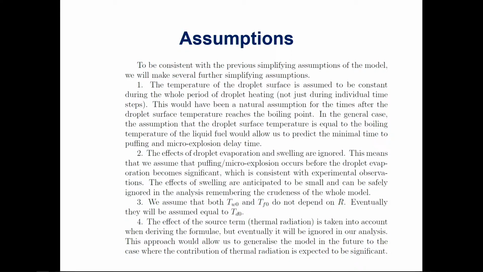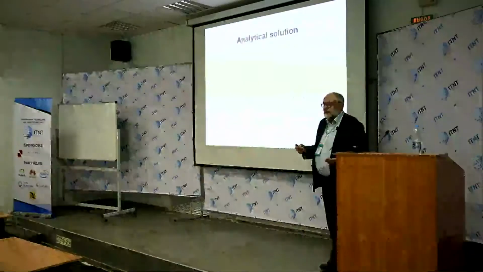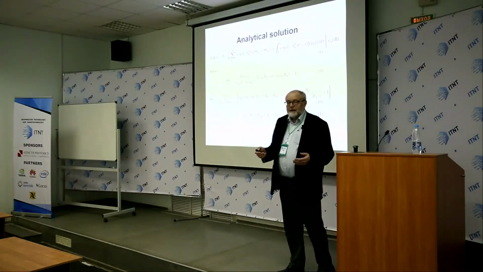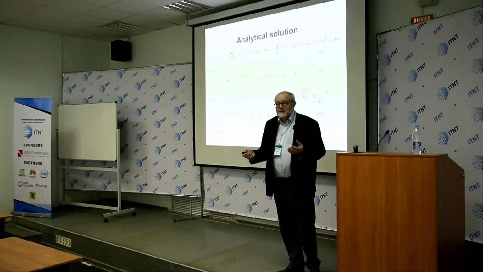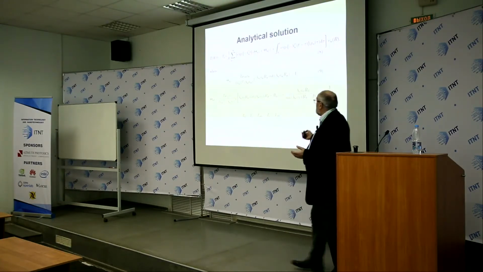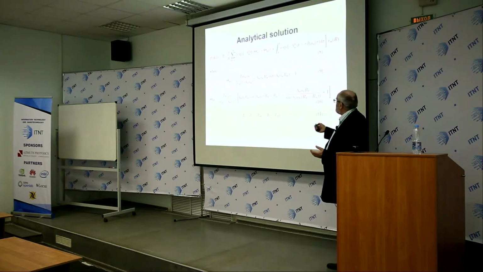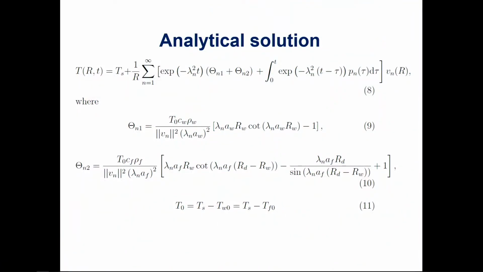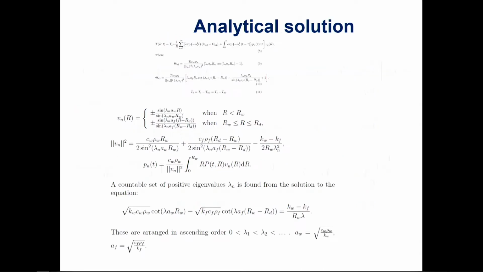And once we made this assumption, the analytical solution to this equation turns out to be particularly simple. It is shown here, and this is the meaning of the term, and the meaning of other terms is presented here. There are a lot of symbols, but at the same time, the structure of the solution is not particularly complex.